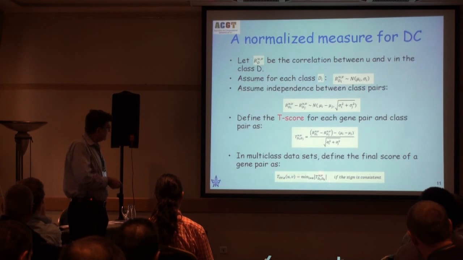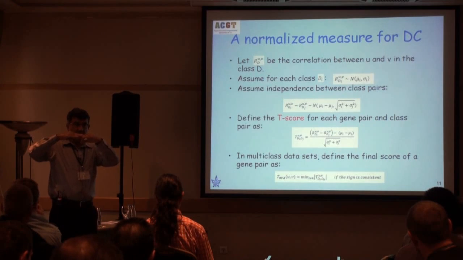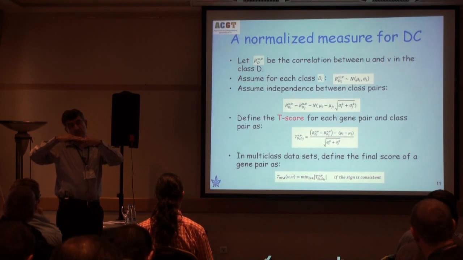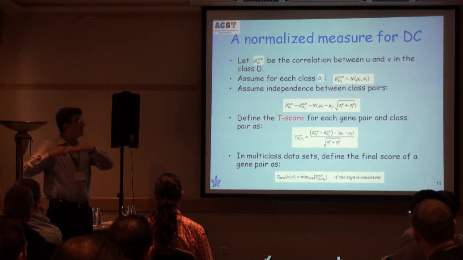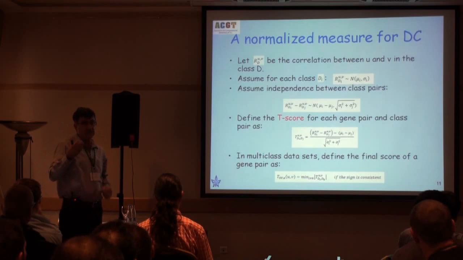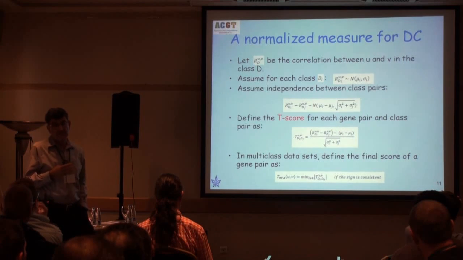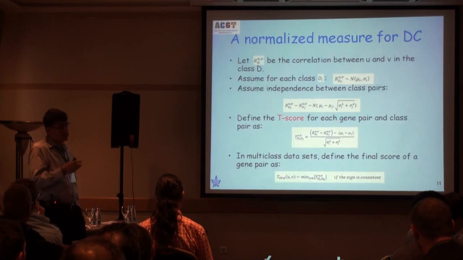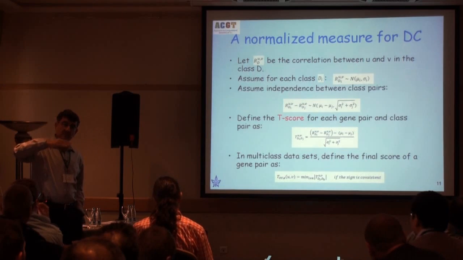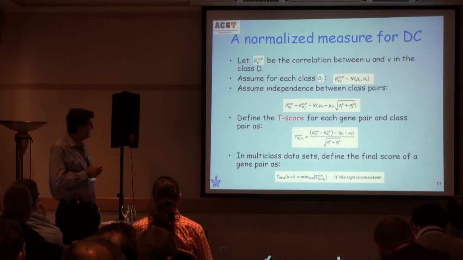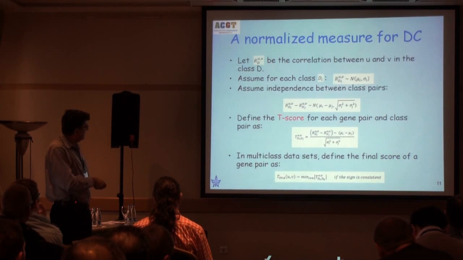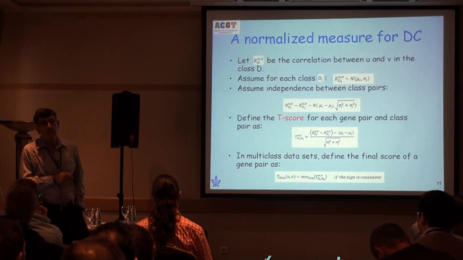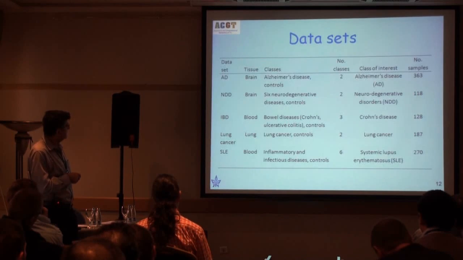And the sign has to be consistent, so we want the value for our class to be better than with all other classes, in the same direction. The differential correlation between our class and all other classes should be in the same direction, and we take the lowest value. But we will mainly focus on the 2-class case, as it's probably simpler to think about as a first attempt.